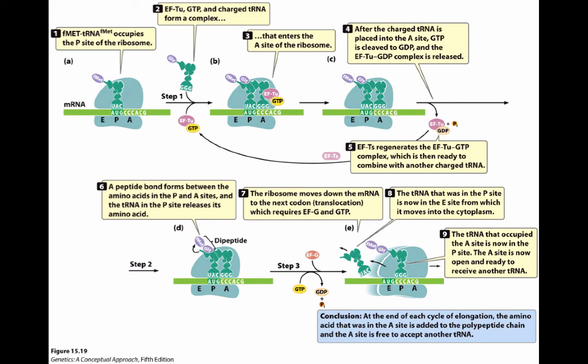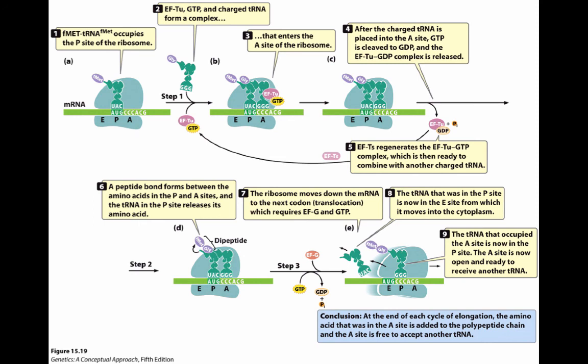After that, the complex is then going to regenerate and is then ready to combine with another charged transfer RNA. So as we start building those peptide bonds between the amino acids in the P and the A site, the transfer RNA in the P site is going to release its amino acid.